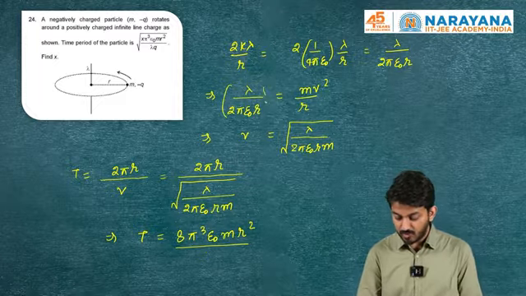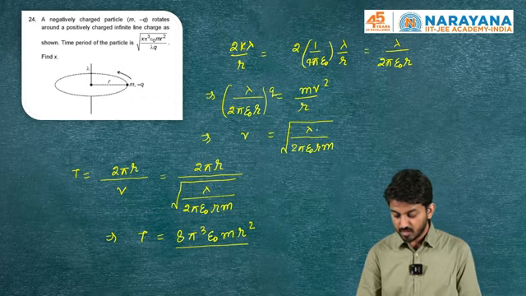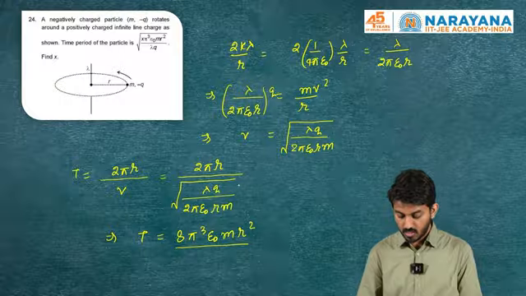This is the field only. I have to multiply with charge also. So lambda q we will get. So lambda q.